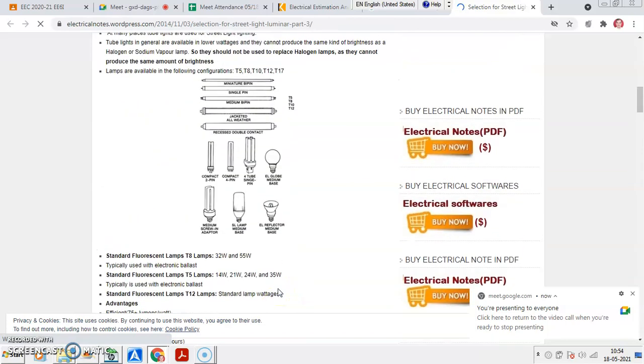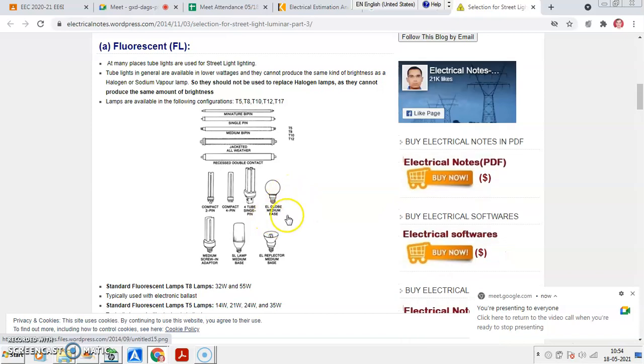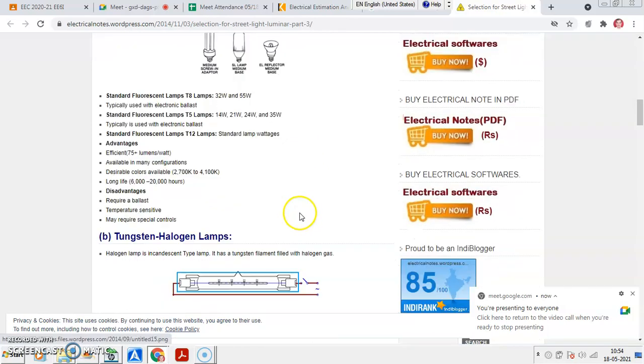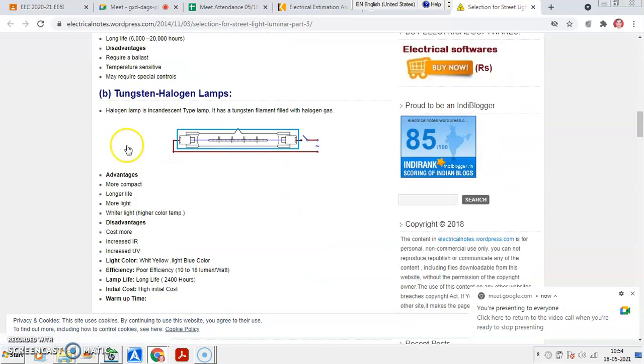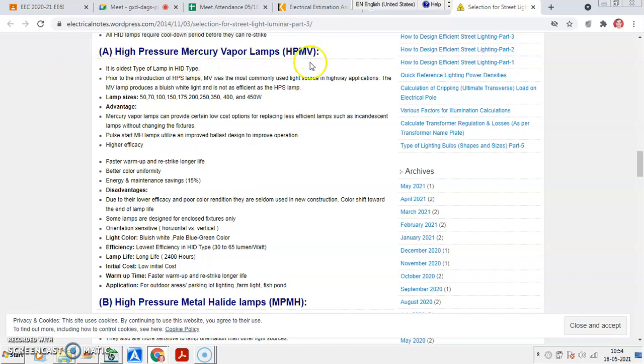So these lamps: fluorescent tube lights of different sizes, compact fluorescent lamp, globe type lamp, fluorescent lamp, incandescent lamp, tungsten halogen filament lamp, high pressure mercury vapor lamps.